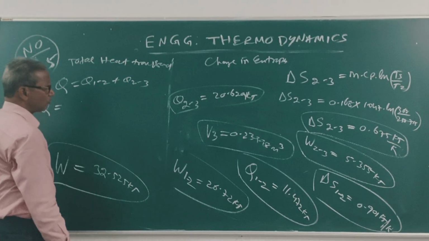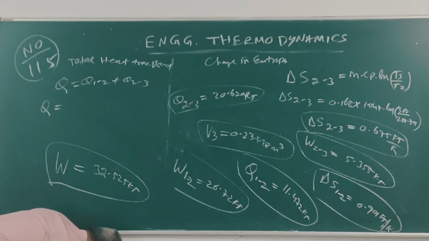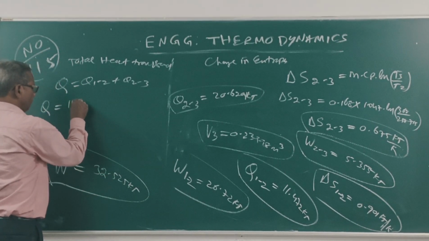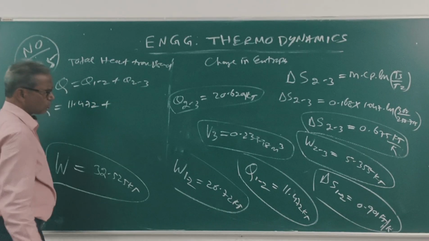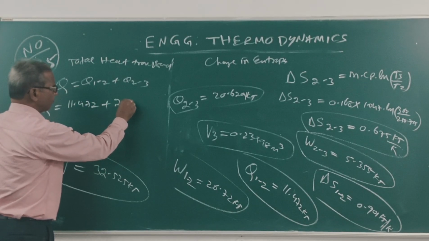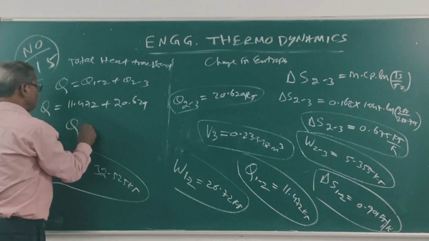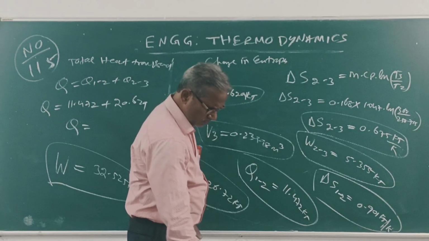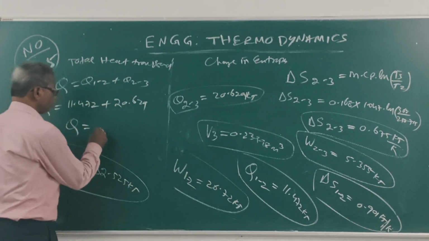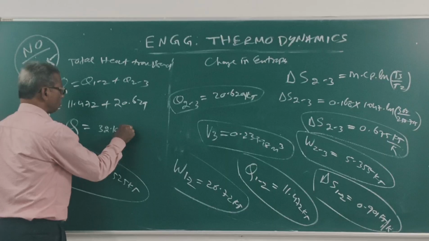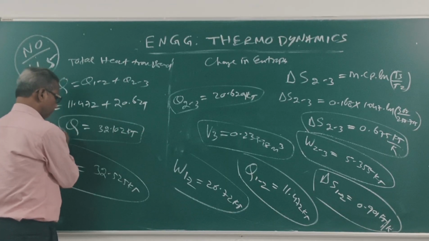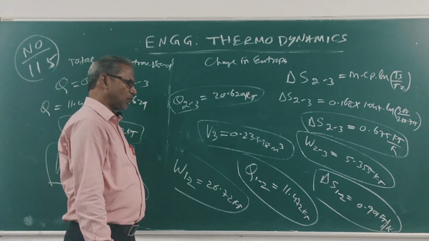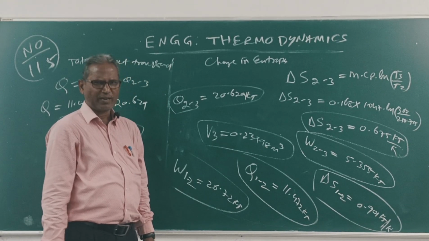For Q12, this is 11.472, plus Q23, 20.629. This is Q. Clear? So Q is equal to 30.102 kilojoule. Right? We'll find out the total change in entropy, delta S.